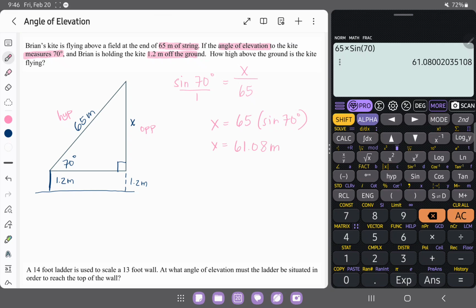meters. Now, take into consideration na yung value ng x mula dito hanggang dito lang po. Then, meron pa daw 1.2 meters from the ground doon sa pagpapalipad ng kite.